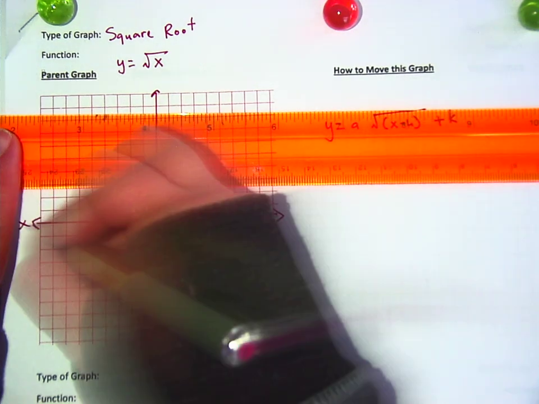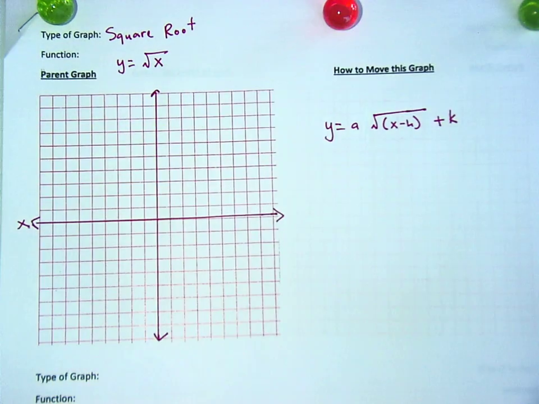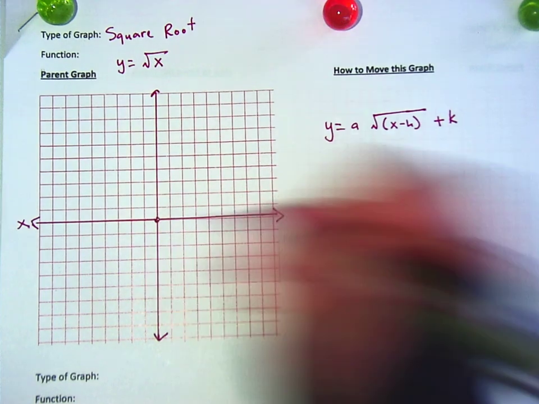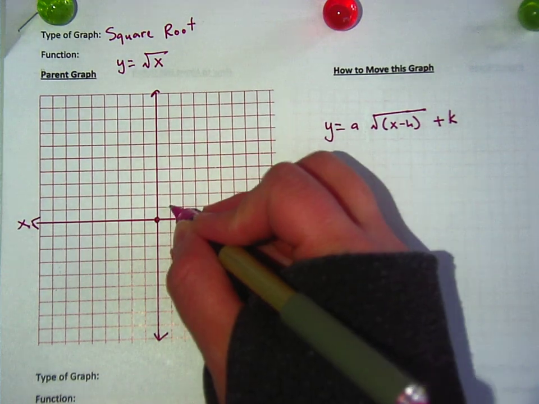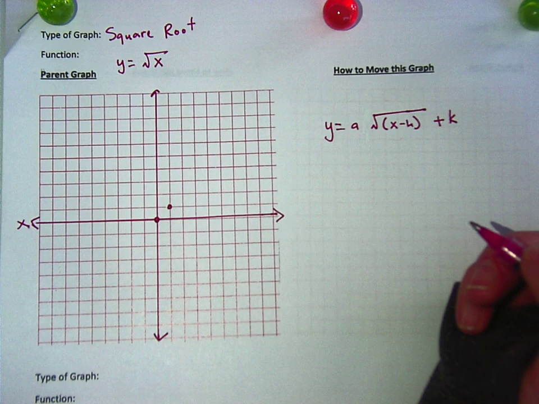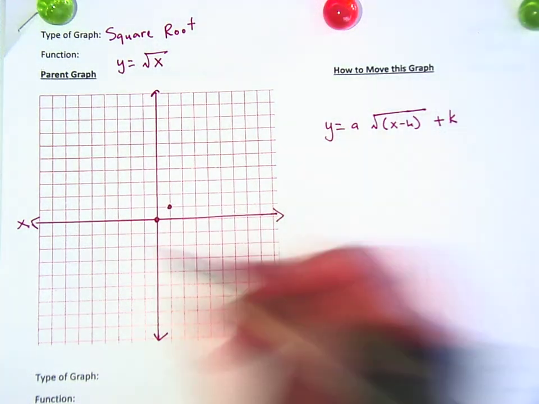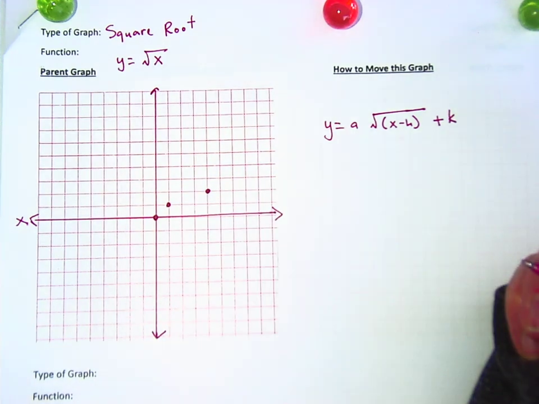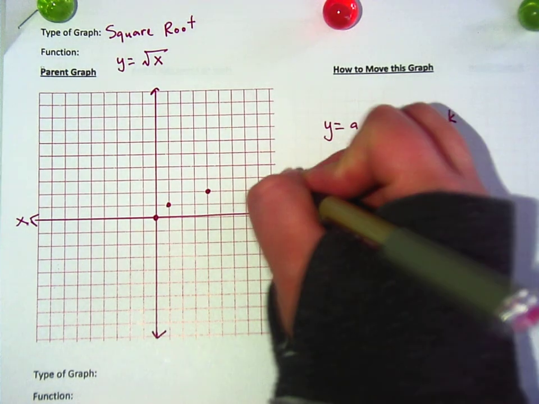I think you're thinking about a hyperbola. What is the square root of 0? What's the square root of 1? What's another square root we know? The square root of 4 is 2. Square root of 9? 3.